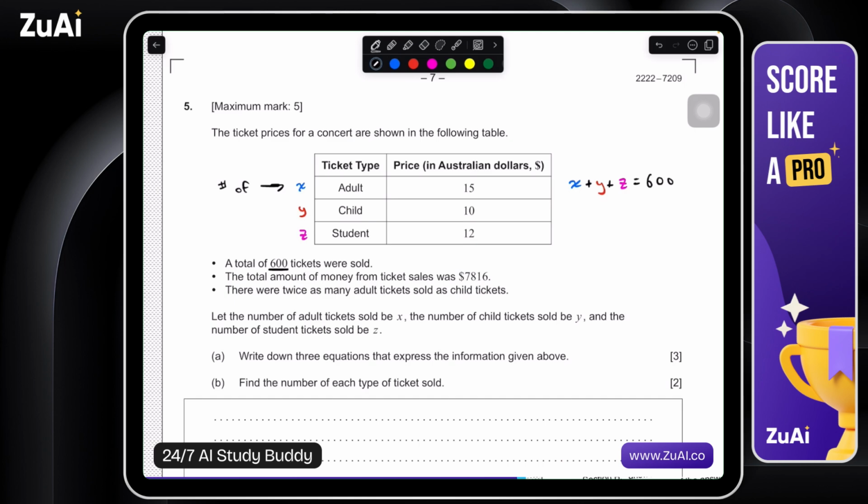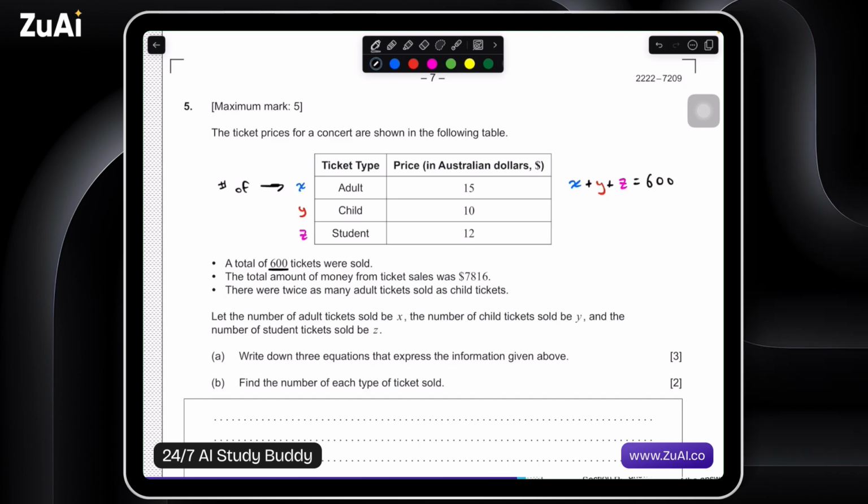The total amount of money from ticket sales was $7,816. So what do we know? We know that for every adult ticket we sell, we make $15. Remember, X represents the number of adult tickets that we sell.